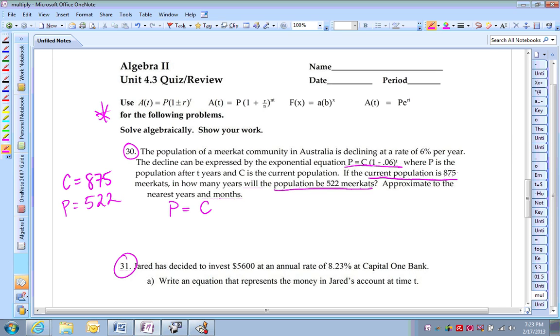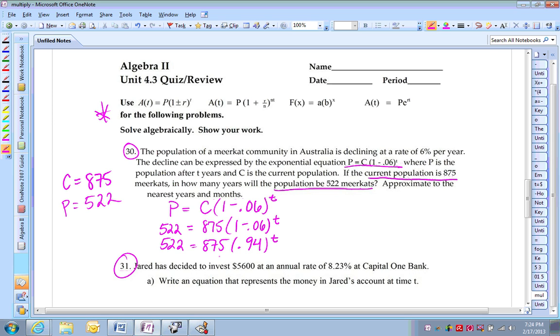So I start off by writing the original equation they give me down. I plug in 522 for P and 875 for C. I can simplify this to be 522 equals 875 times 0.94 raised to the T, because 1 minus 0.06 is 0.94.